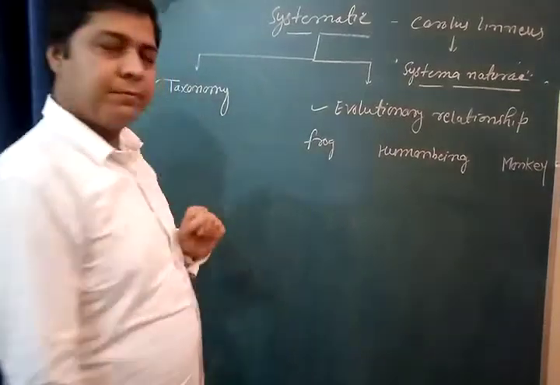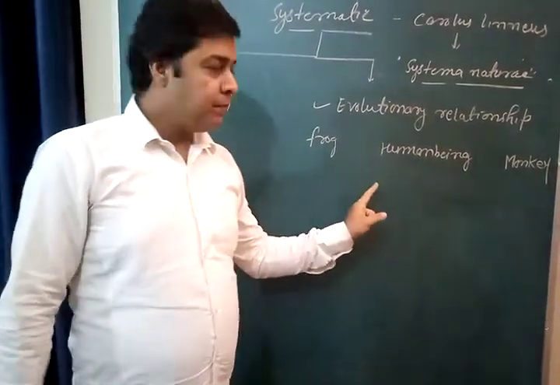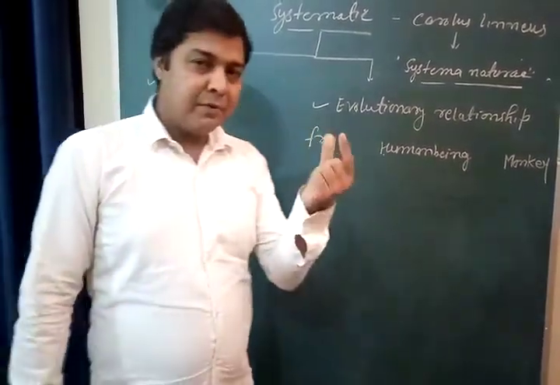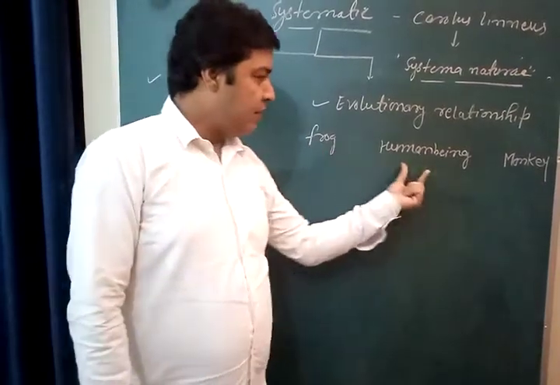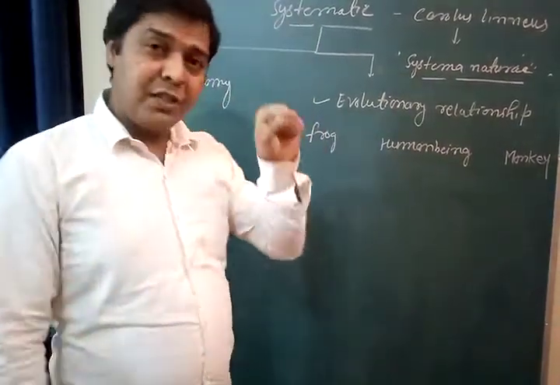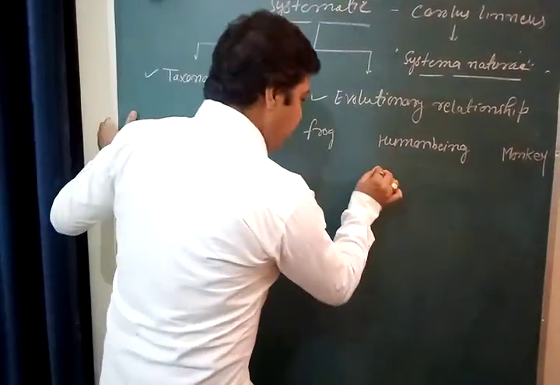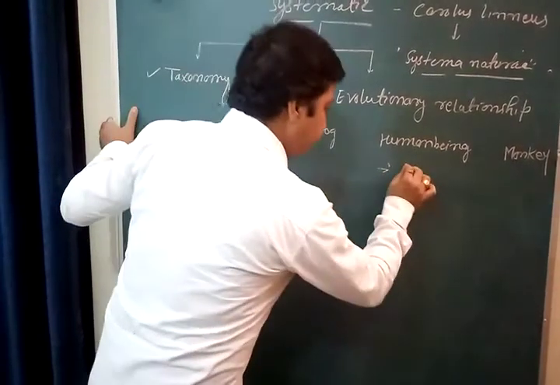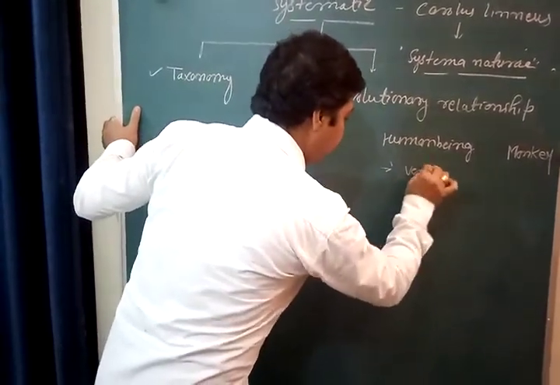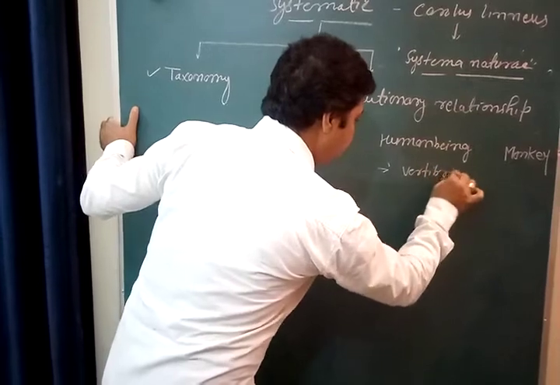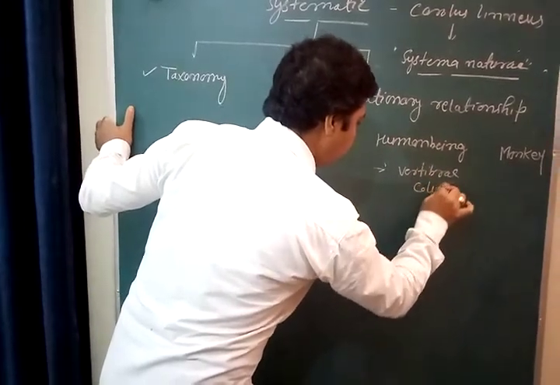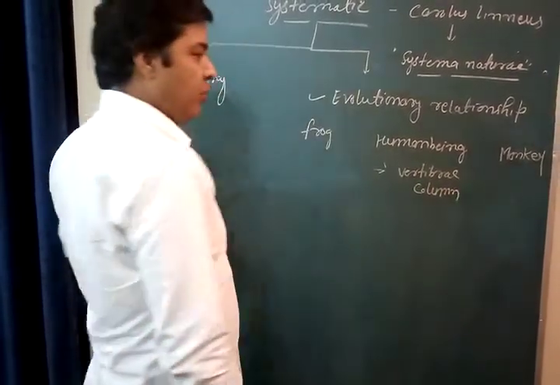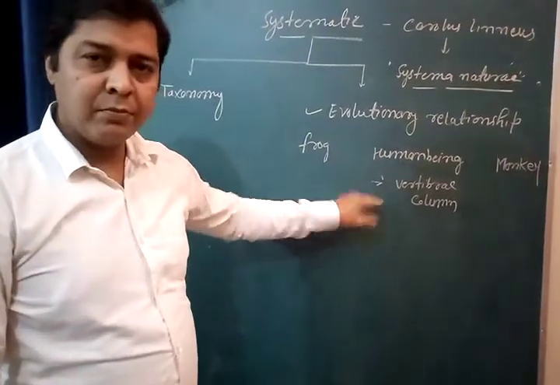I have taken three individuals: frog, human beings and monkey. You will try to see the characteristics. Human beings have a vertebral column.